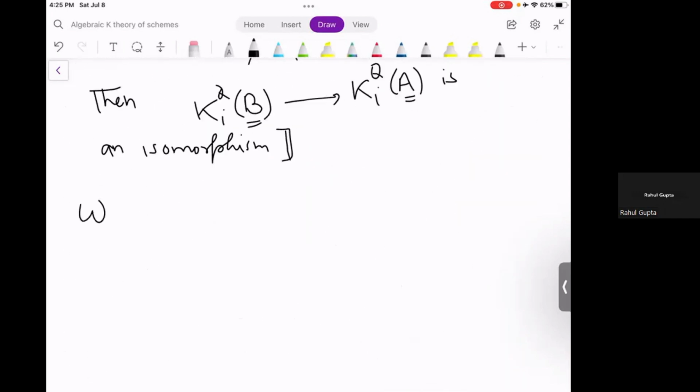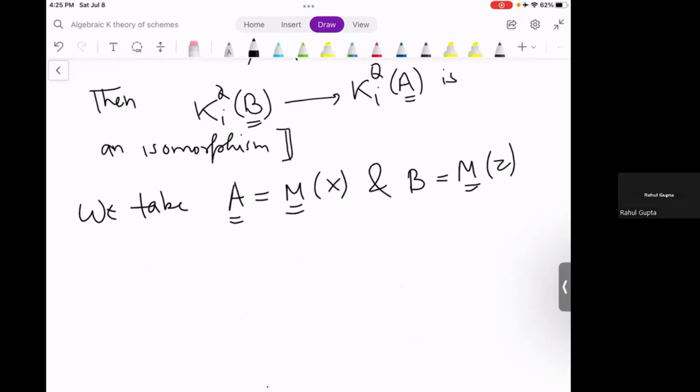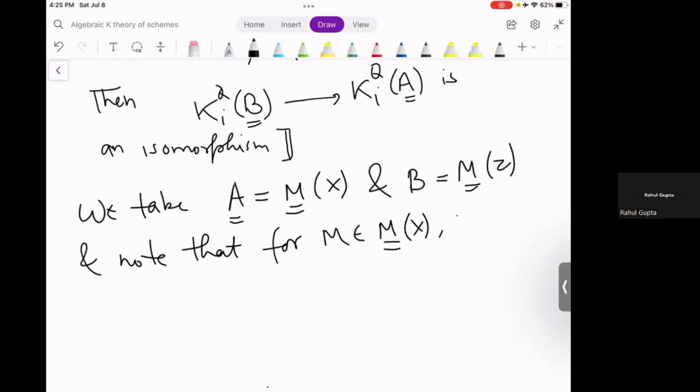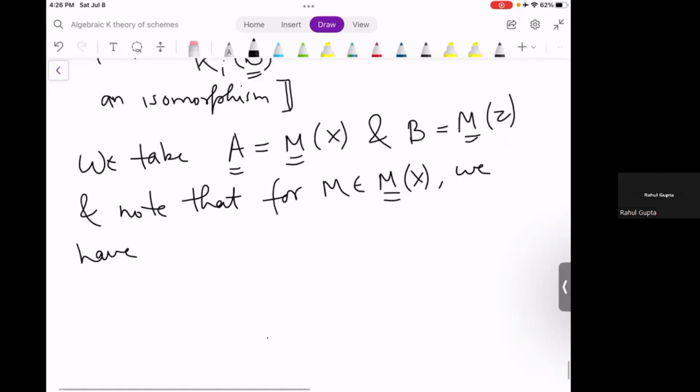So we take A to be M of X and B to be M of Z, and note that for M in M of X we have a filtration which is M, then I times M, which is some coherent submodule of M, and I can take I squared M and so on and so forth.